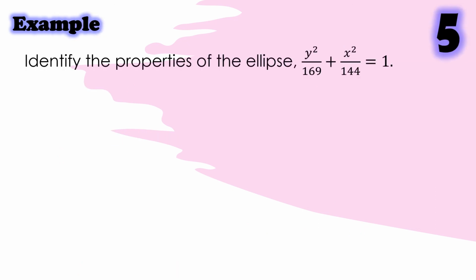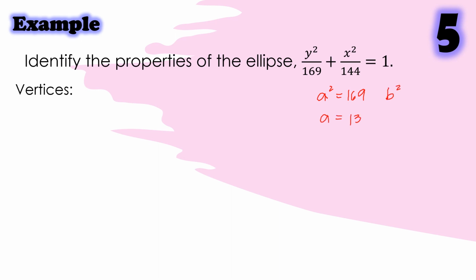Identify the properties of the ellipse y squared over 169 plus x squared over 144 equals 1. Since a is greater than b, so we have a squared is equal to 169 and a is equal to 13.